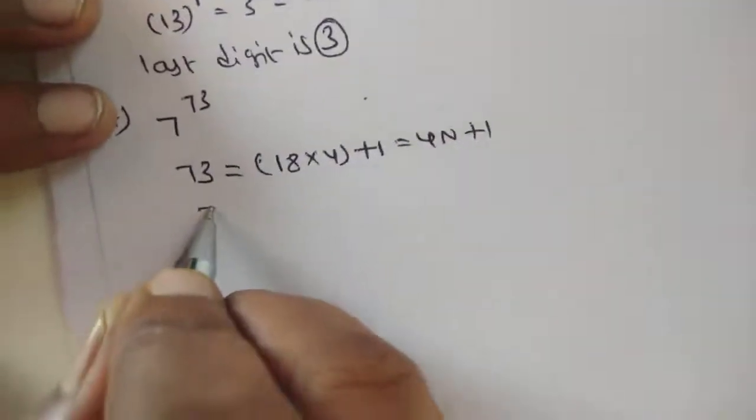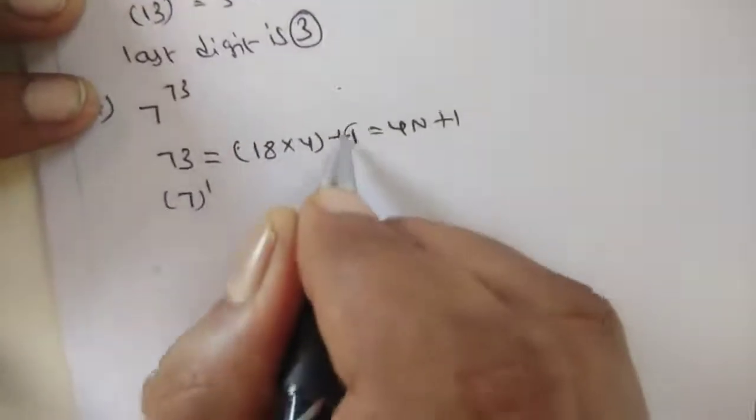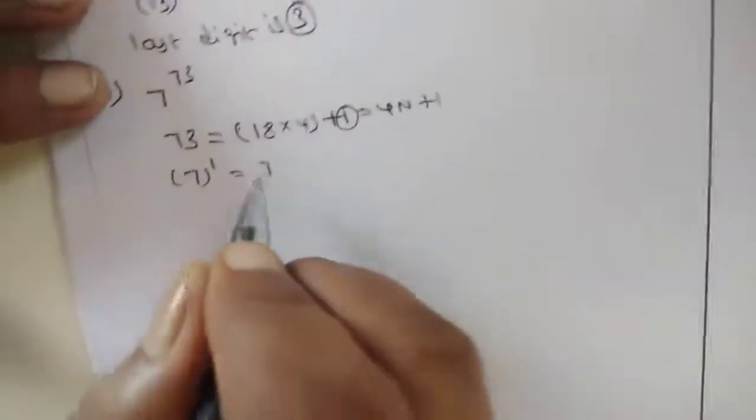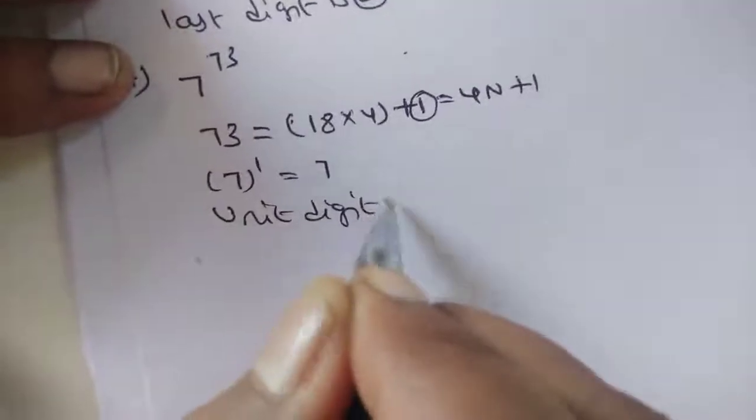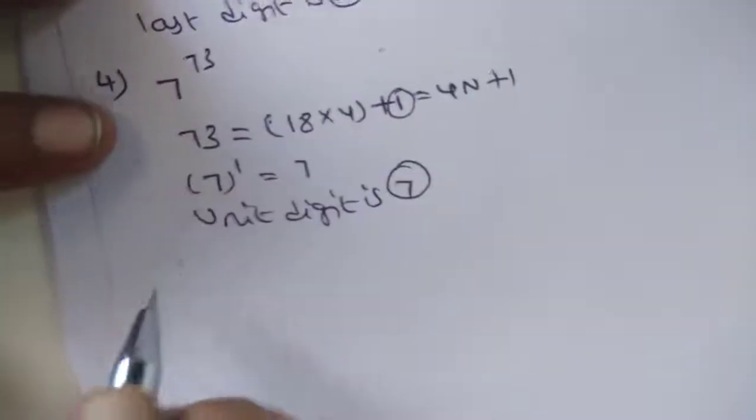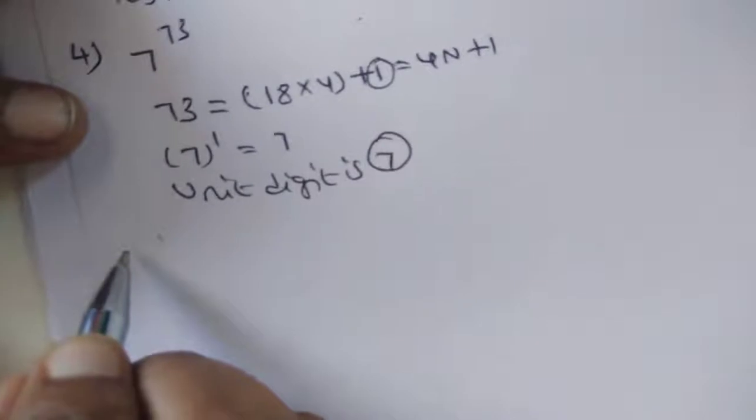Here 7 power 1, the remainder, you take 7 power 1 is 7. So unit digit is 7. The unit digit or last digit is 7.